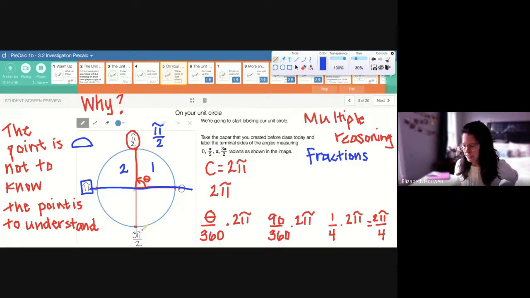Remembering, if we go down to this one, we always start here and we always go counterclockwise. So by the time I get to here, do you see how I have 1, 2, 3 of those same size pieces? And since 2 of those pieces make up a whole, that's why the denominator is 2. And since I have 1, 2, 3 of those pieces, that's why the numerator is 3.